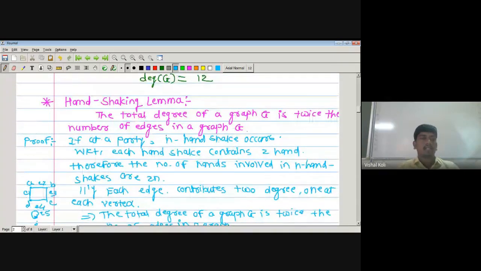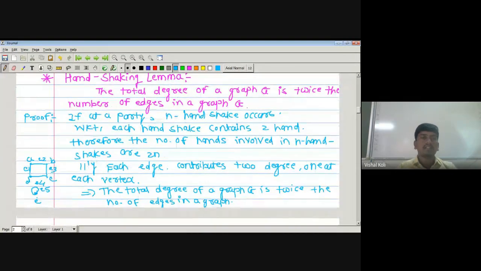Okay, let us first see what the statement of this lemma, the handshaking lemma, should be. The statement is that the total degree of graph G is twice the number of edges in graph G. This is the statement, and we have to prove it. We will prove this statement using this concept: if there is a party and at the party n handshakes occur, every handshake contains 2 hands.